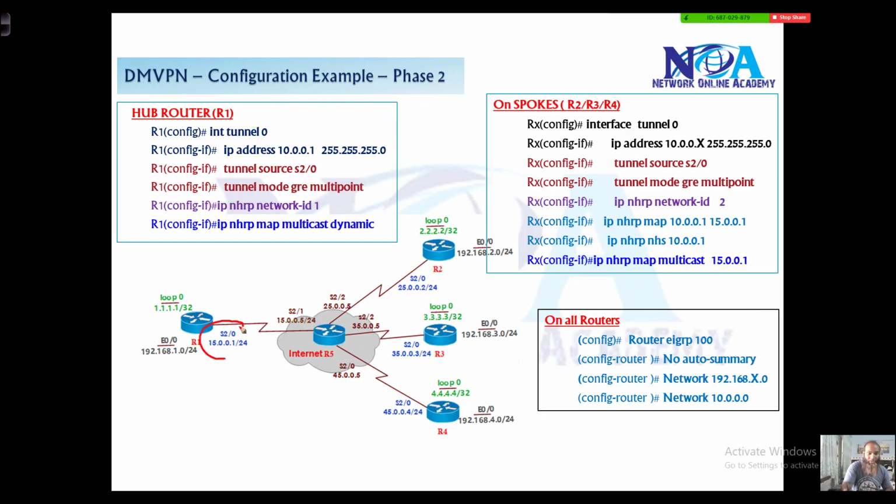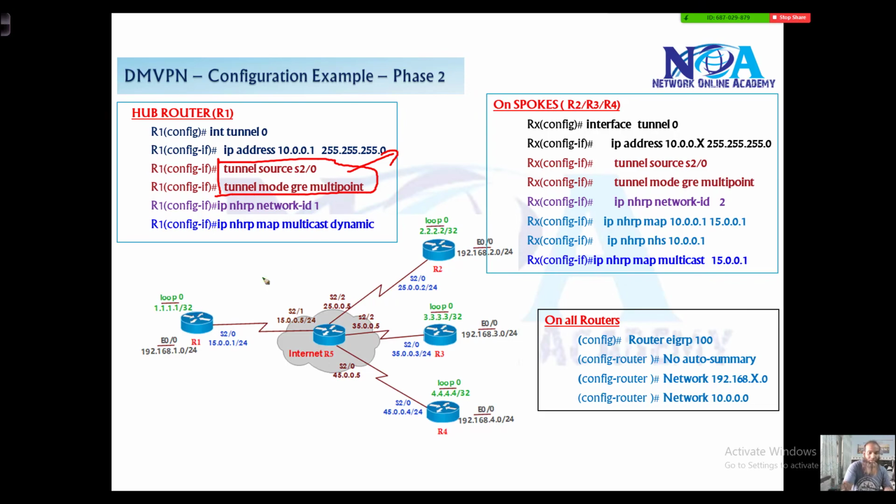But as already explained, on the hub you must have a static IP, but on the spokes we can still have dynamic IPs. So even if the IP changes on the spokes, that's not going to impact the DMVPN tunnels. So we specify the tunnel source, and instead of a tunnel destination we specify multipoint GRE.